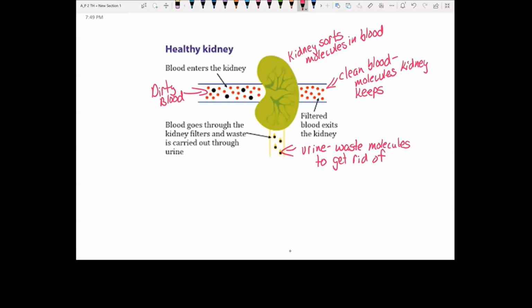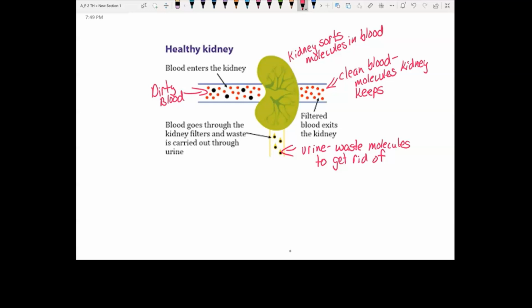So the urine and the clean blood together add up to what was in the dirty blood. Everything in the dirty blood, as it goes through the kidney, will either end up in the urine or end up in the clean blood.